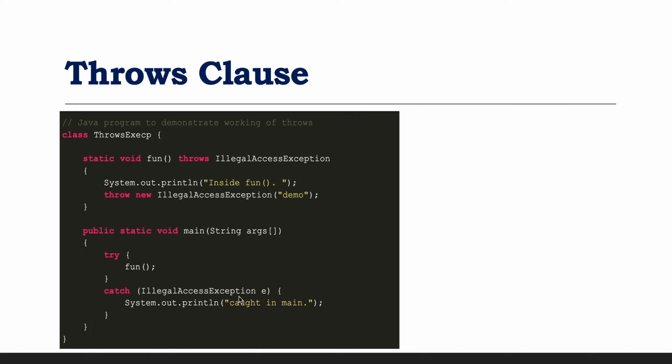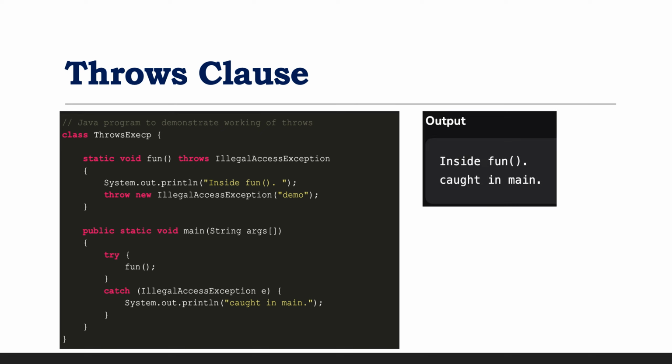So here, throws is also useful to tell what kinds of exception it is throwing. In this case, it is throwing illegal access exception, so that another developer can identify it and handle it, right? So this is the use of the throws clause.